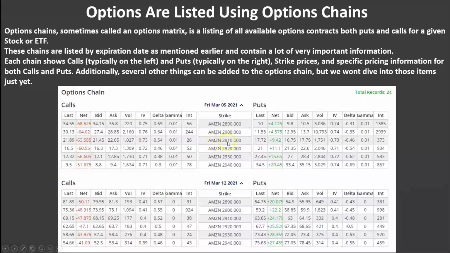And for each strike, there are listed puts and listed calls, and each put and each call has a bid price and an ask price. That's what I want you to understand from here. But we're going to come back to options chains the more that I educate on options, and we'll talk about the other various columns and how to use those as well.